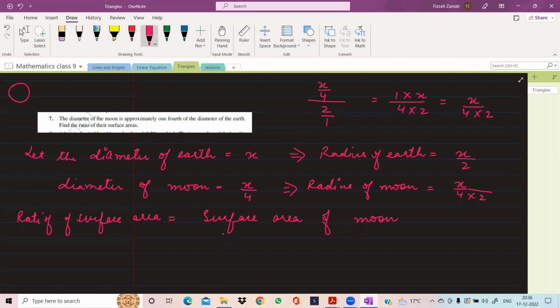See, you can find both ratios. It's your choice. You can find surface area of earth divided by surface area of moon. So it will be just the reverse ratio you will get. It's okay, right? Because in the question moon is written first, so we are writing moon upon earth, upon surface area of earth.